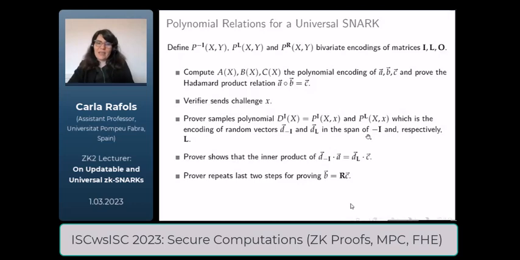And at the end of the day, once he has done this, the prover needs to show that this linear relation holds, okay? So you want to prove that A is L times C, and what you prove is that the collapsed identity matrix times A is equal to the collapsed L matrix times C, okay?